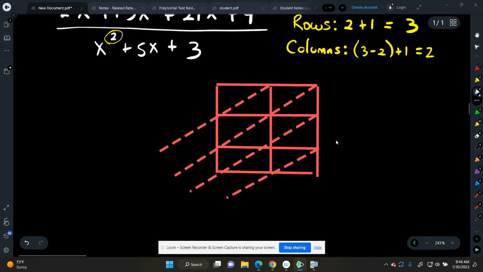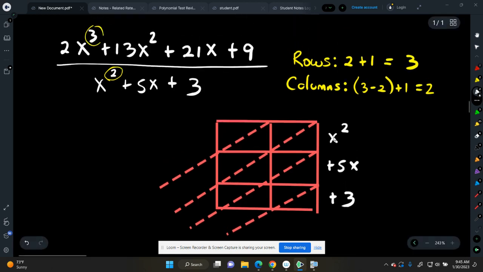Okay, so let's see here. On the side, I've got x squared plus 5x plus 3. And then on my diagonal, I've got 2x to the third plus 13x squared plus 21x plus 9.